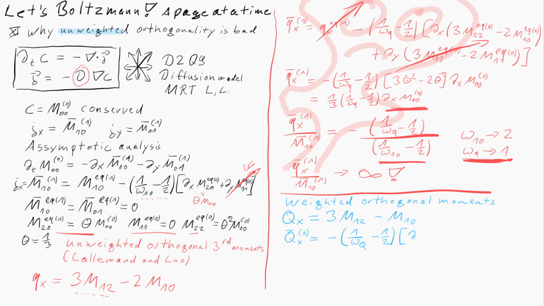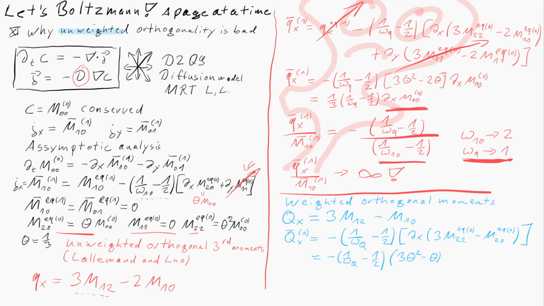And this goes into dx of 3 m2,0 equilibrium zero order minus m0,0, and this now becomes minus 1 over omega q minus 1/2, and this prefactor will become 3 theta square minus theta.